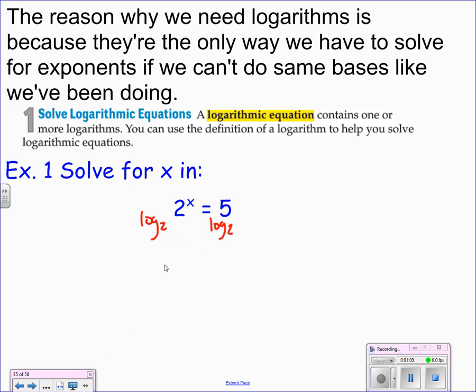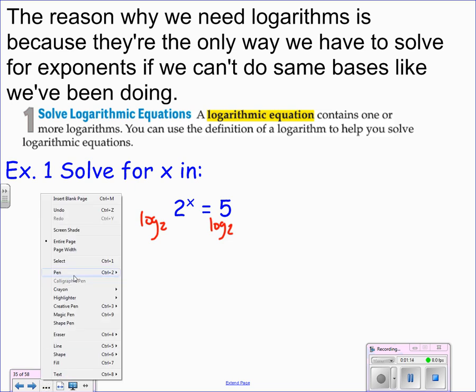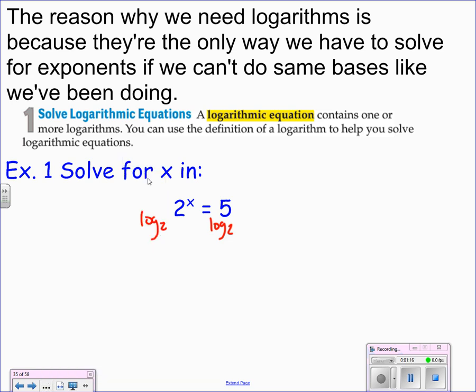The reason I chose base 2 is so that the log base 2 and the base 2 for the exponent will cancel each other out, leaving only x on the left-hand side. But on the right-hand side, I now have log base 2 of 5.